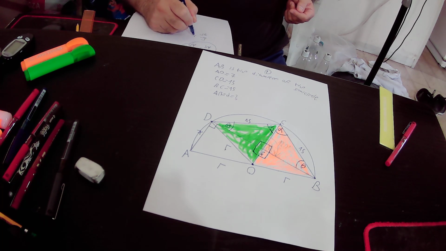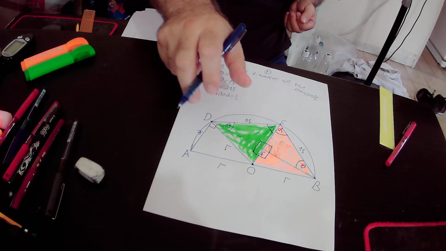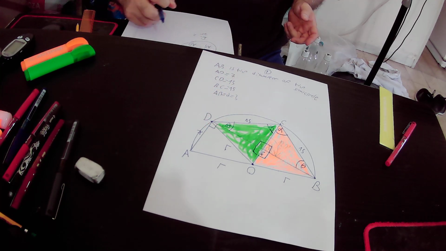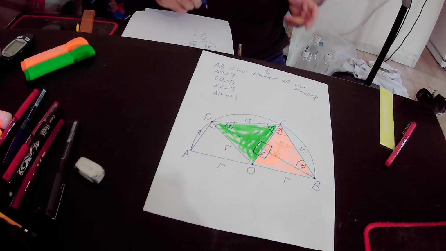The diameter of any circle or semicircle is always equal to 2 times its radius. So we can know that AB equals 2R even without looking at the drawing, because AB is the diameter of the semicircle.